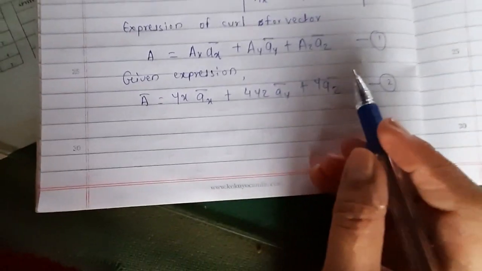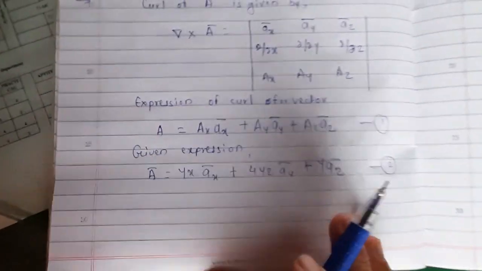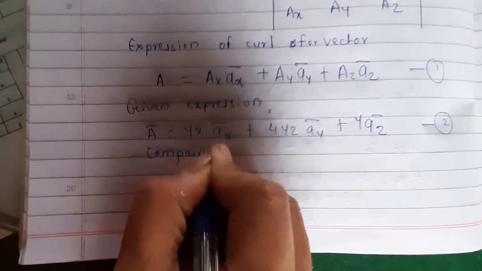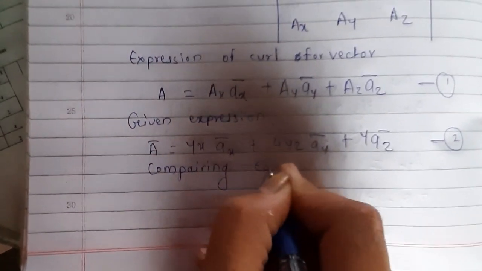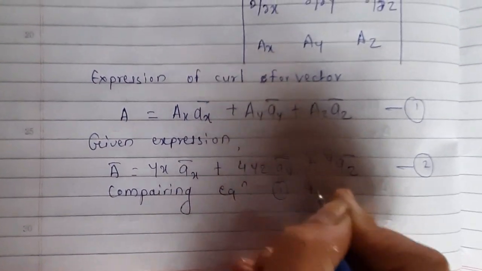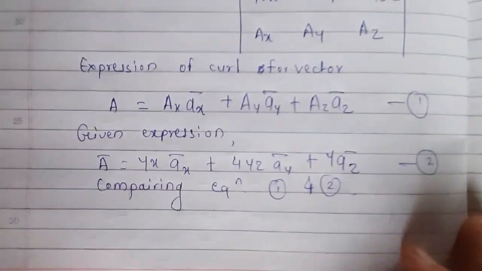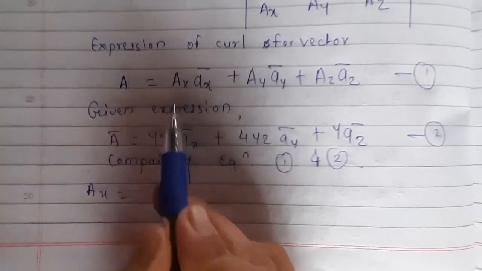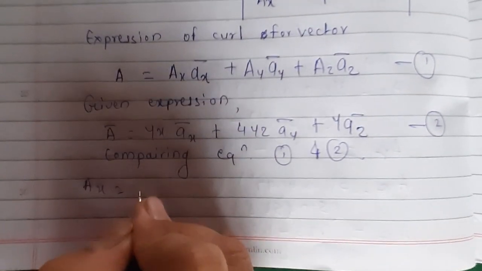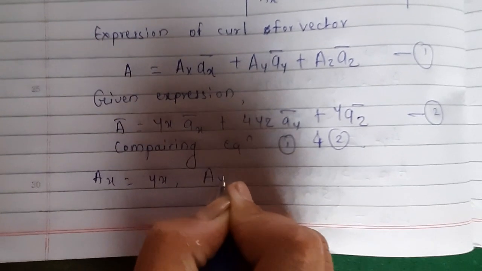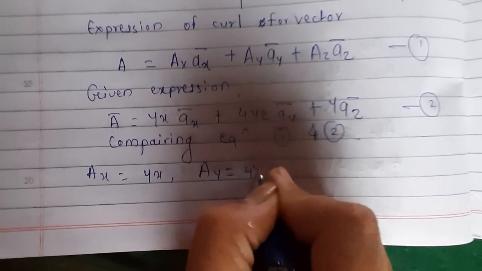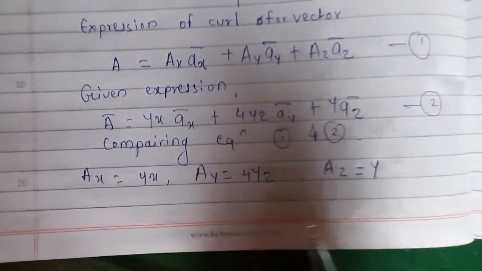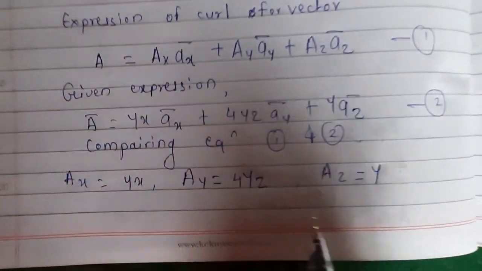So we compare these two equations, equation 1 and equation 2, and we get the values of Ax, Ay and Az. Ax is yx, Ay is 4yz and Az is y.